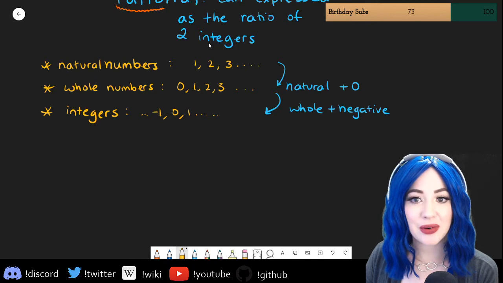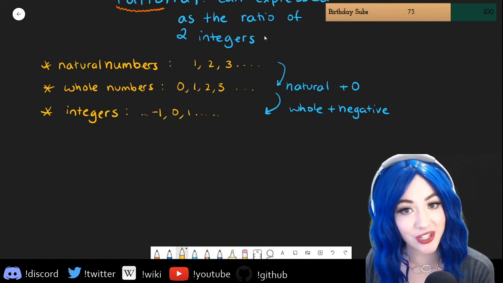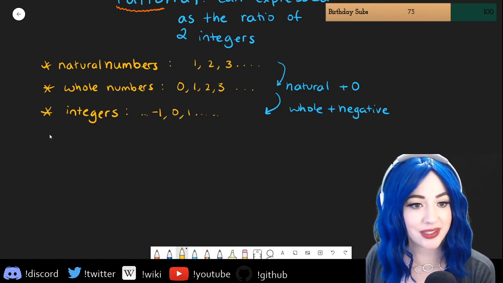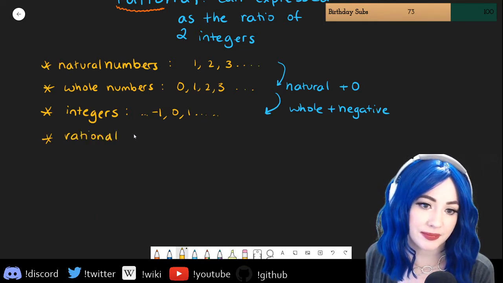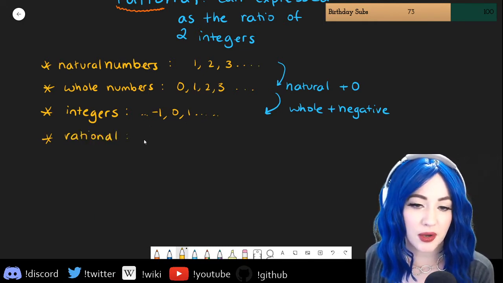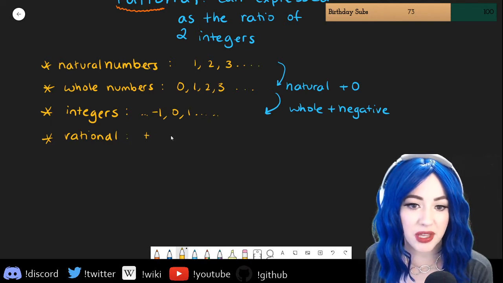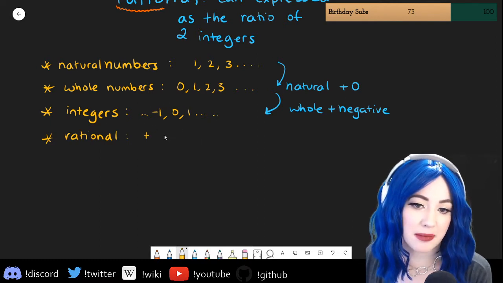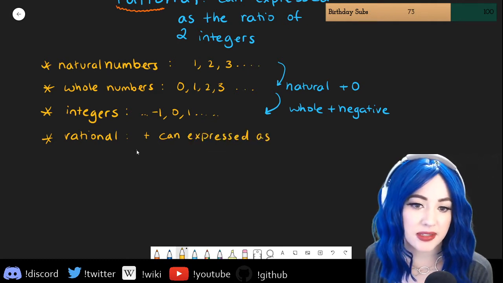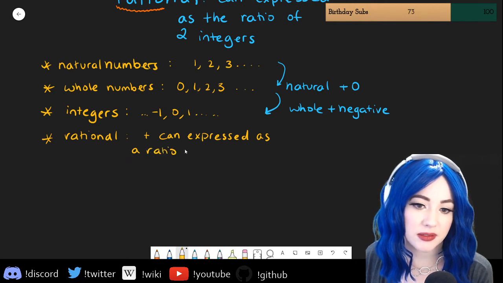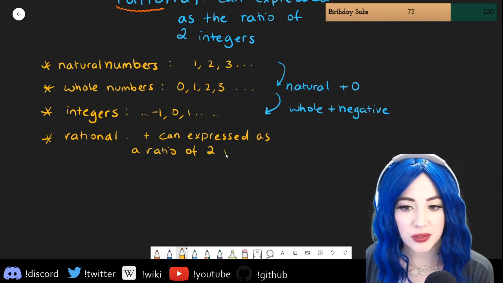Nevertheless, now that we have a definition of integers, you know what rational is. So rational is all of this stuff plus numbers that can be expressed as a ratio of two integers.